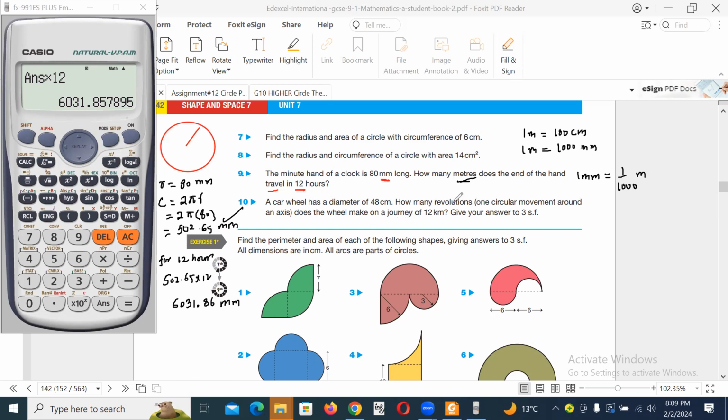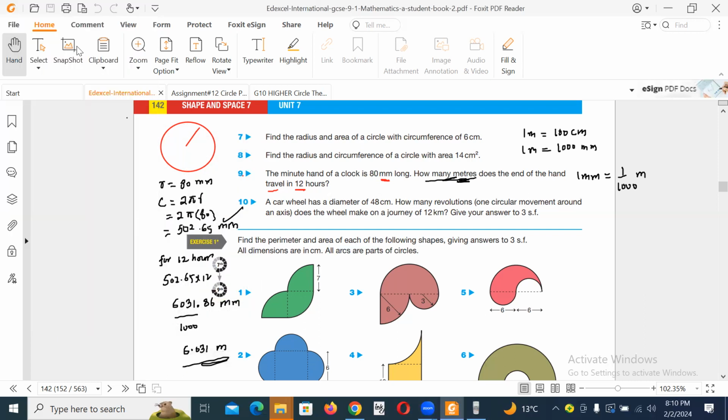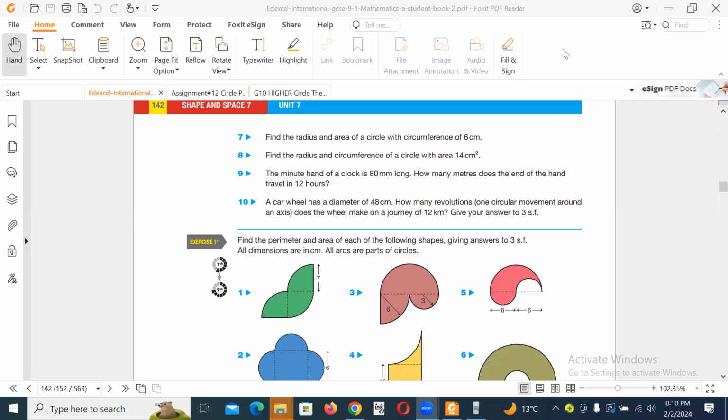They want the answer in meters, so divide by 1000, and we will get 6.031 meters. So this is our final answer of this question. I hope it is clear.